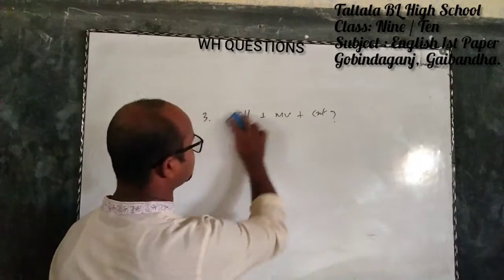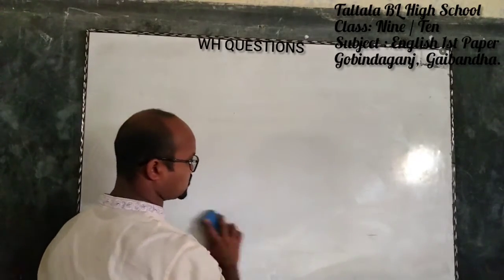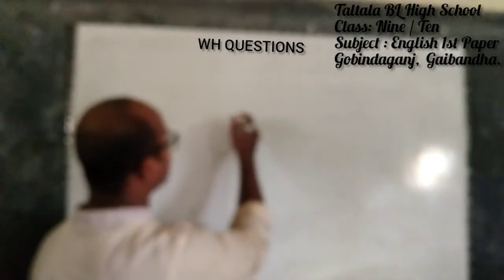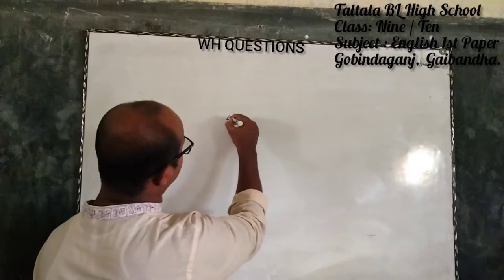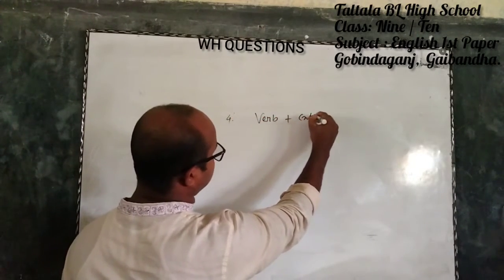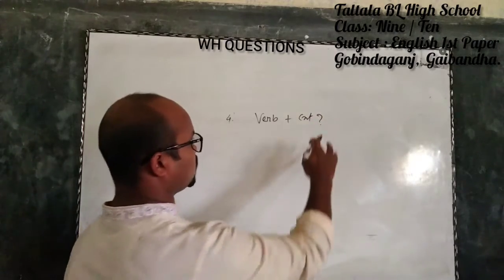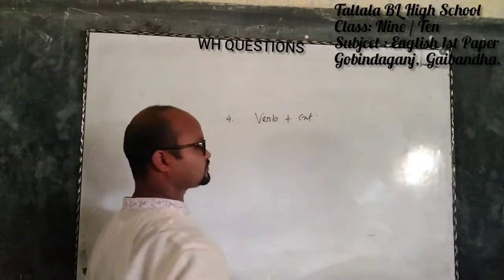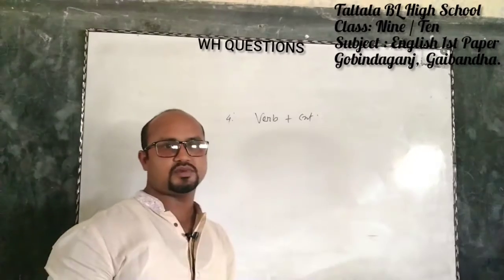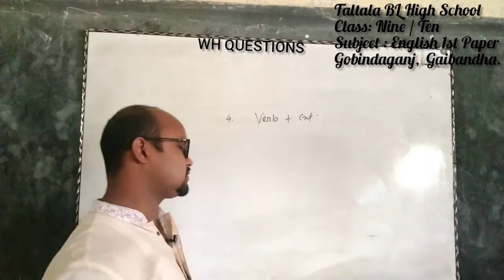Now we're going to the last structure as I wrote it earlier. Number 4 is verb plus extension. No question mark here. Sometimes the examiner makes the question like that.